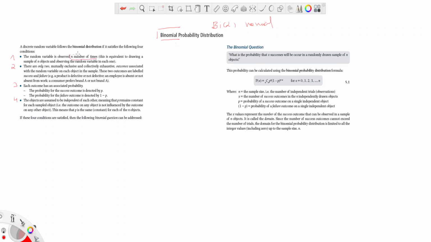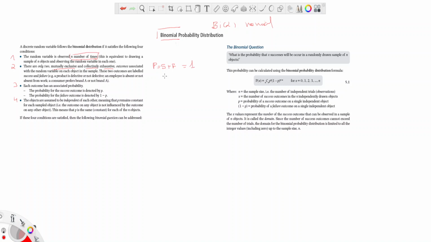So you have to observe that variable n number of times. Then you only have two mutually exclusive outcomes, which means that they cannot occur at the same time, and collectively exhaustive, which means that when you add the probability of success plus the probability of failure, it's going to give you 1.